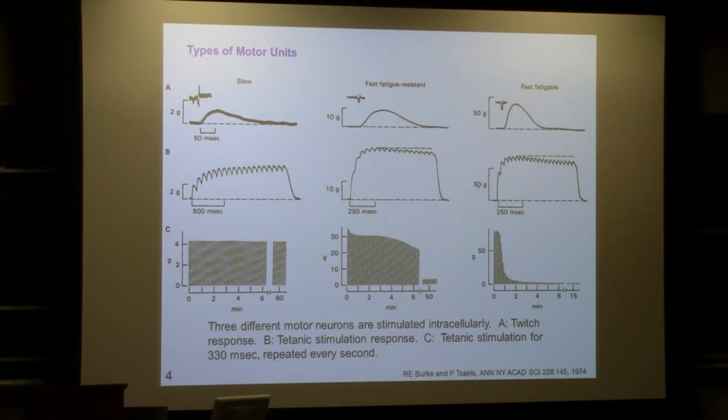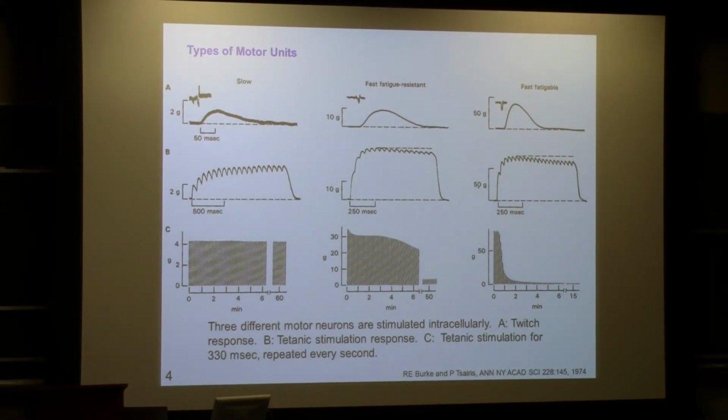Now, what's special about these types of motor units that are controlling slow muscle fibers is that if you give them a stimulation, boom, boom, boom, and it adds, and then it reaches some threshold, and then you can maintain that force for as long as you want. So in this case, the data is continuing for 60 minutes, and you see that the force that the muscle is producing isn't changing. The fiber can generate that force, so it doesn't fatigue.